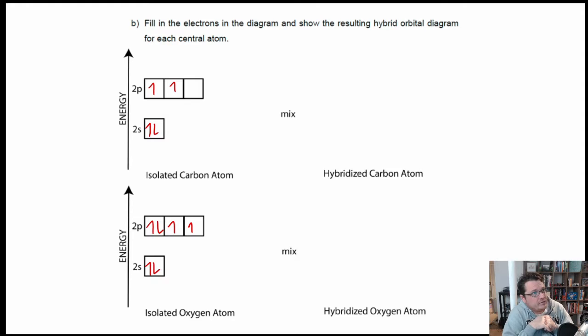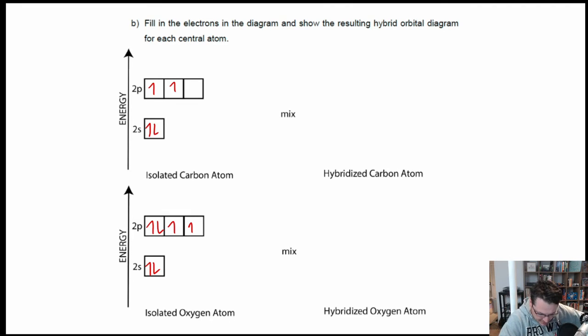But if we look at the carbon, we only have 2 unpaired electrons, and so based off of that, we would think, oh well, I can only form 2 bonds. But we all know that carbon forms 4 bonds, maximum, and that has to do with the fact that you have hybrid orbitals that form.